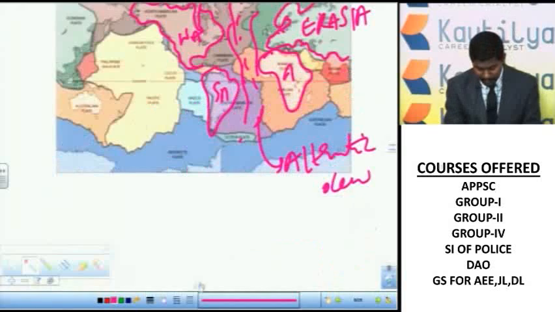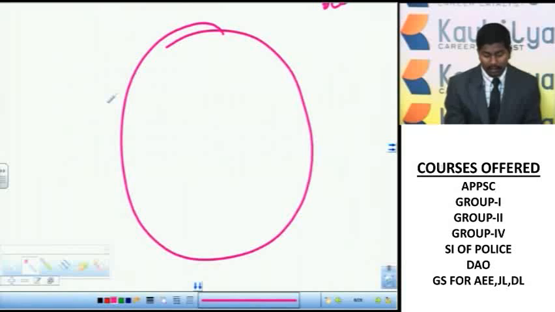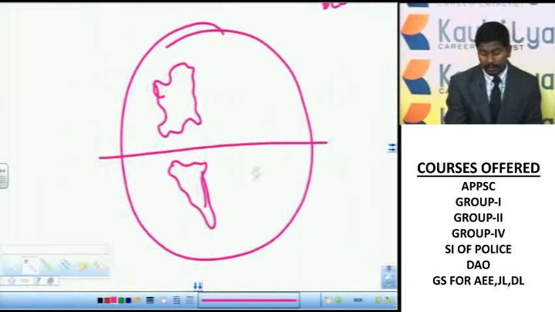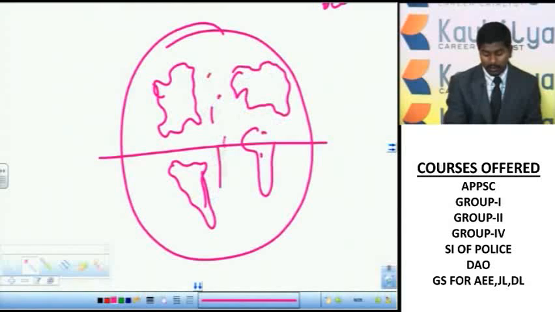So when this single land was broken into different parts, the new continents came into being, some gaps were created, and these gaps were filled by water, and it gave birth to the new oceans.